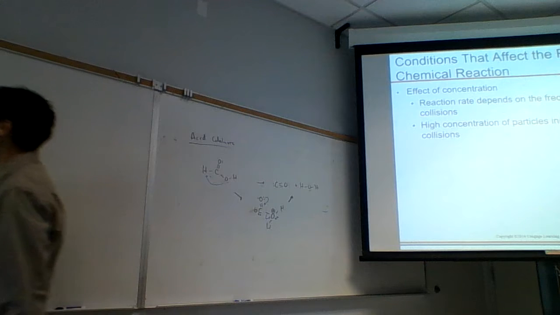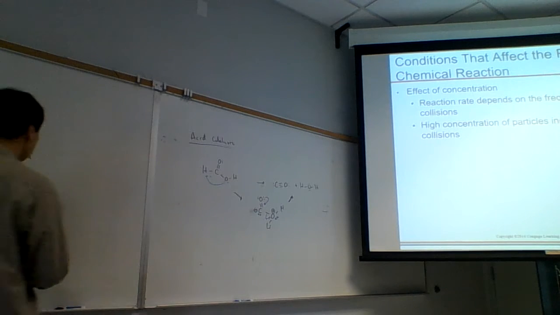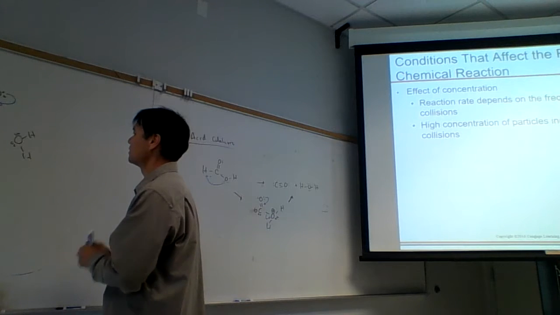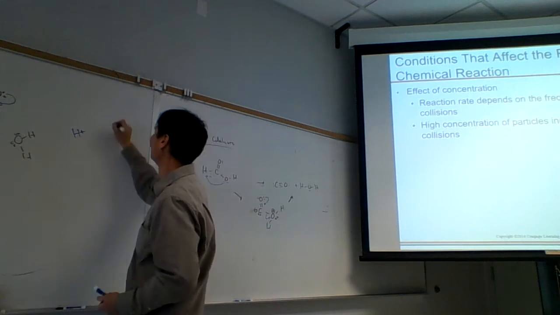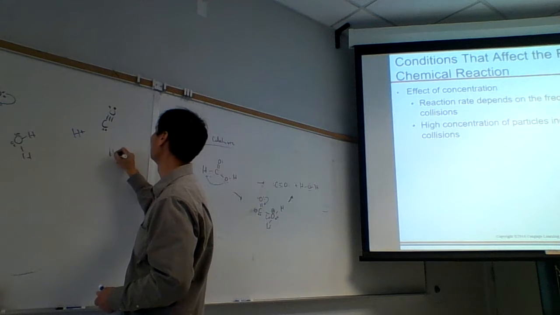So one thing that can happen here is, let's go ahead and bring this down here, and then we'll bring these electrons here. So in the final step, we'll regenerate the catalyst here. It's H+. And we'll have carbon monoxide and water.